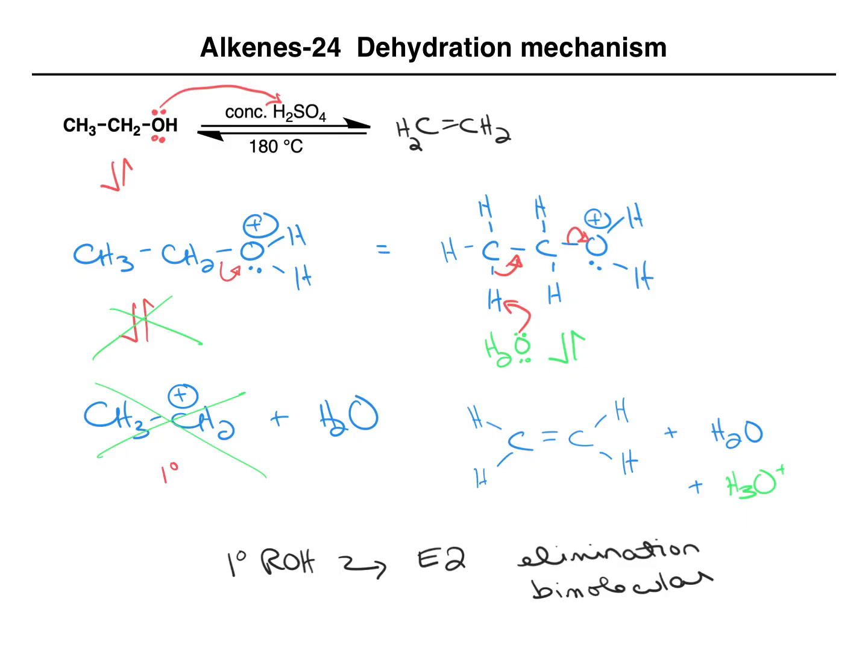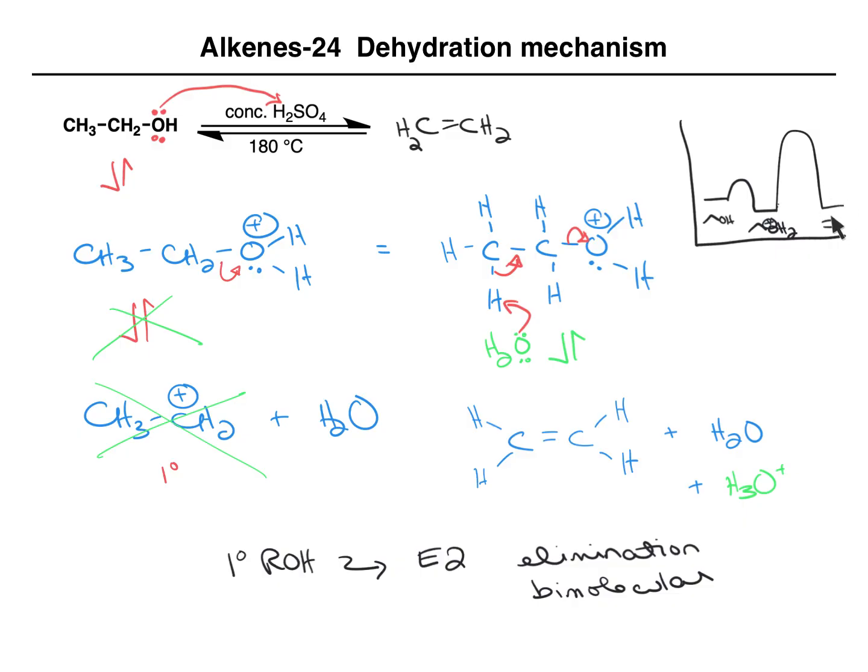the rate determining step. So if we think about an energy diagram for this reaction, then this is our starting material where we have our alcohol, and then this would be our first step leading to our protonated alcohol. And then this is going to be our second step leading to our product.